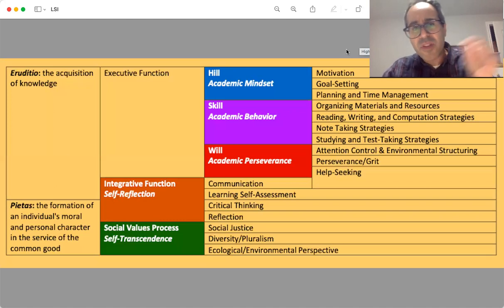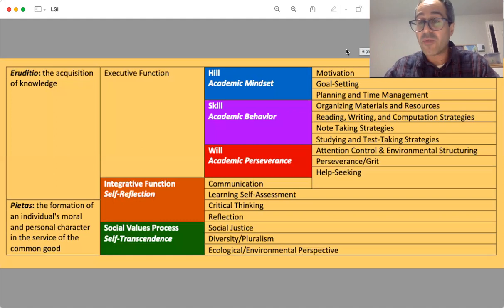Then we move into academic perseverance. So the will to apply the skill to get up the hill. Nice, not mine, but important. And this is kind of the limit point, transitioning into self-reflection that moves us out of the self to the relationship with others. But studies show that grit and perseverance matter when kids struggle.